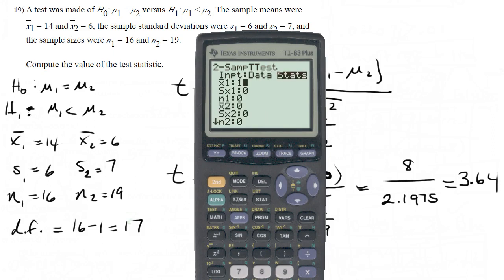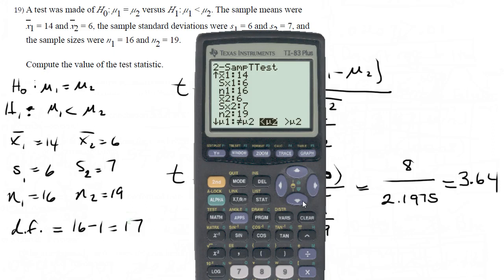X1 bar is 14. Sample standard deviation 1 is 6. N1 is 16. X bar 2 is 6. Sample standard deviation 2 is 7. N2 is 19.